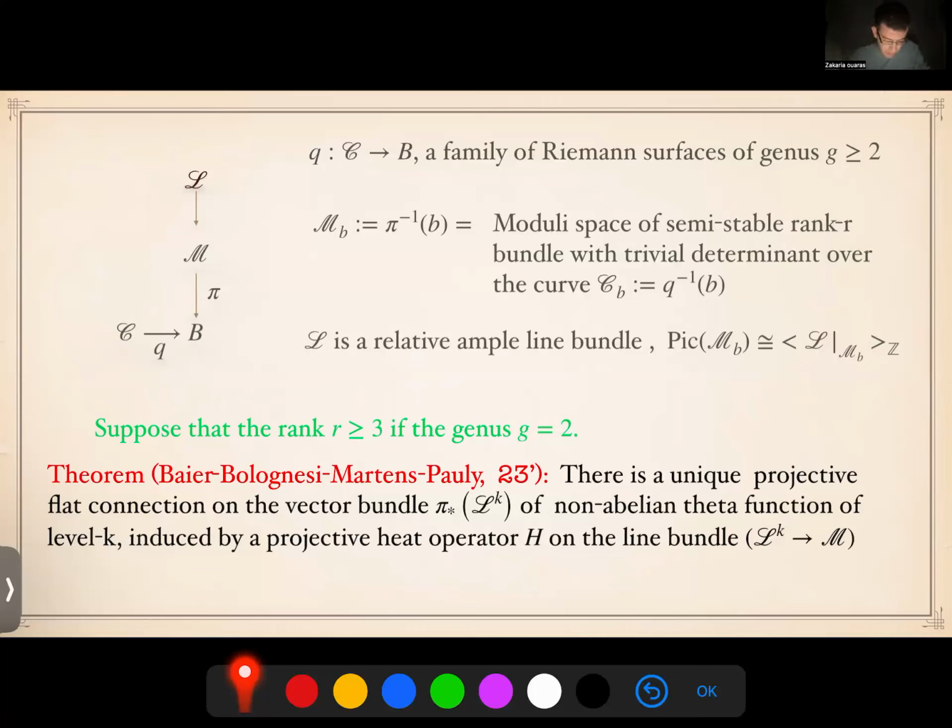And the work was done by Bayer, Bolognesi, Martens, and Poli. They took this configuration and proved that there is a unique projectively flat connection on the push forward induced by a heat operator on the line bundle L^k, L to a positive power k.